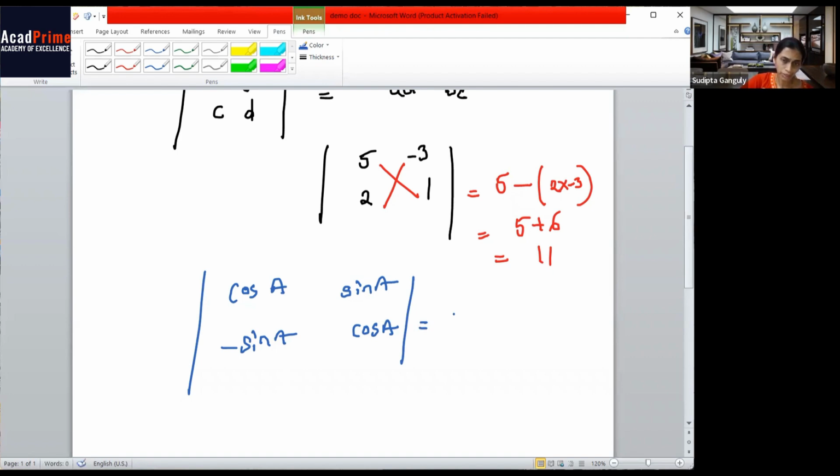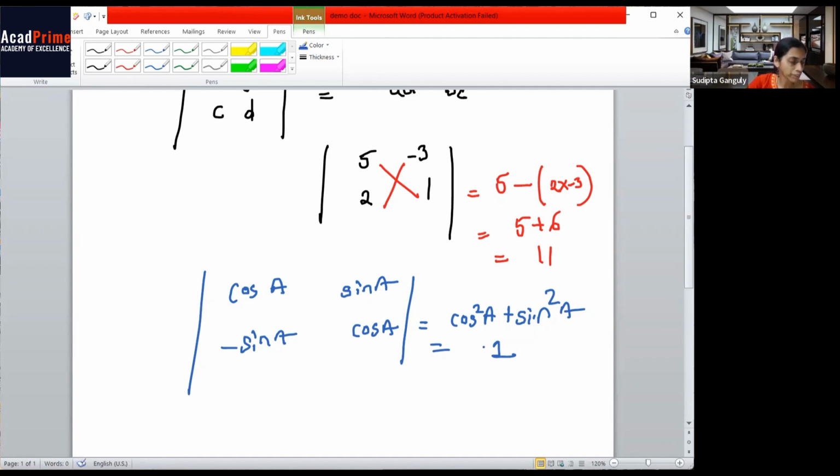It will be cos A into cos A, which is cos square A. Then sine into sine, which is sine square A. There is a negative sign in between. So it becomes cos square A minus sine square A. What is the identity of cos square theta minus sine square theta? That is 1.